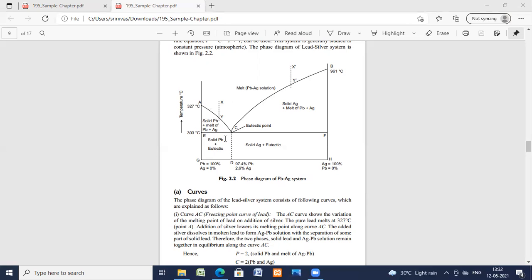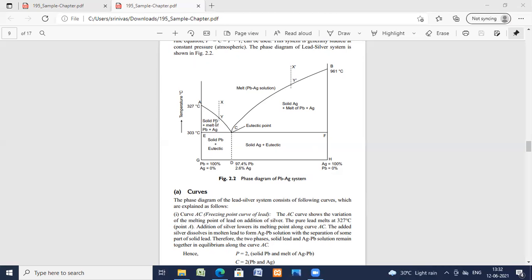The added silver dissolves in molten lead, forms AgPb solution with the separation of some part of the lead, solid lead.